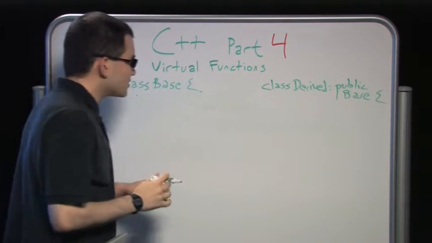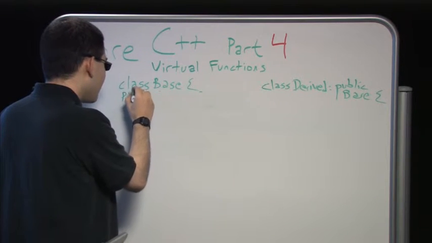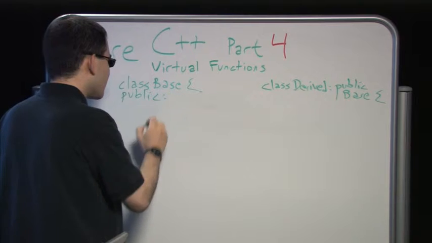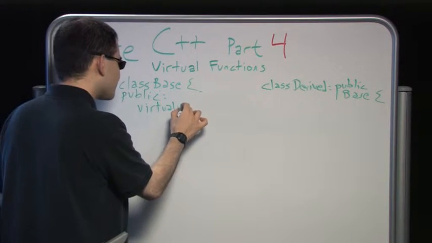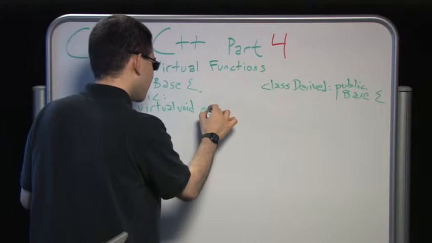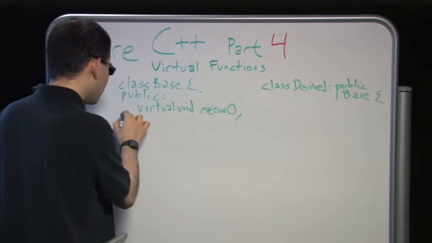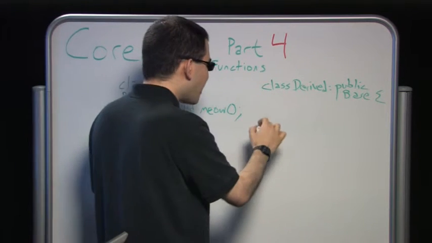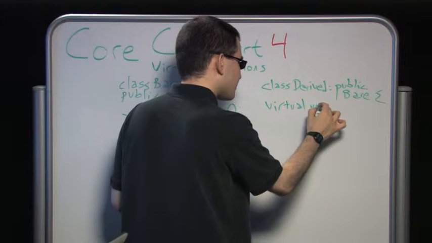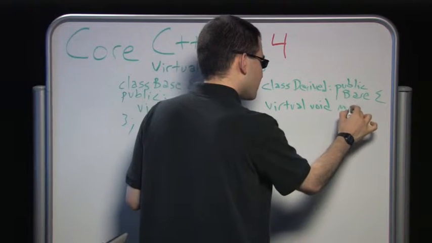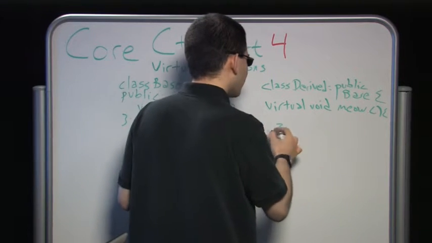Okay, so stepping outside of NVI for a bit, just to show you what's possible, I could have a public virtual function here, and I could say virtual void, choose a name completely at random, taking no args, nice and simple. And then within derived, I can say also virtual void, and then do cool things.